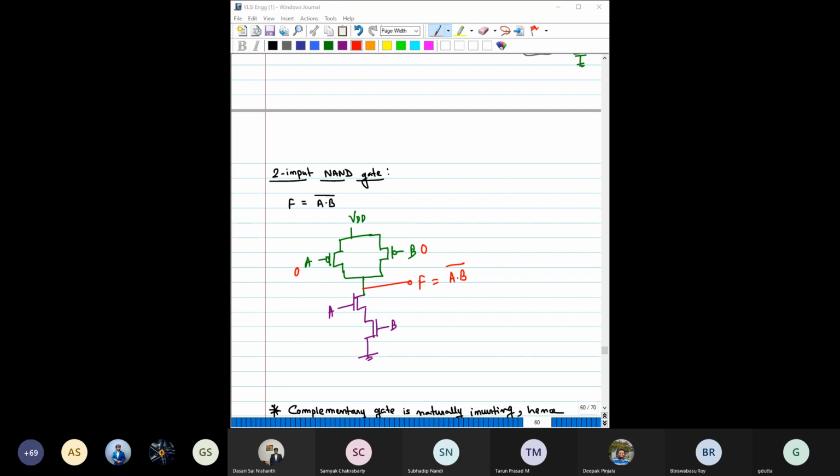Ayushi, is it working as a two input NAND gate? Sir, I was just making the truth table. Okay, so suppose if I give 0 0 as input, what is the output? Ayushi, please tell me.